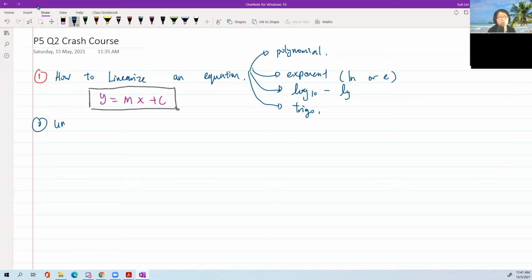Number 2, we are still going to deal with uncertainties. So case 1. Case 1 is the fail-safe method, meaning if you don't know what identity to use and you look at the equation and go like, what on earth is this? Never mind. You can always take half of the range. So let's say half of the maximum value, wherever that maximum value is, that can be gradient, can be y-intercept, minus minimum value.